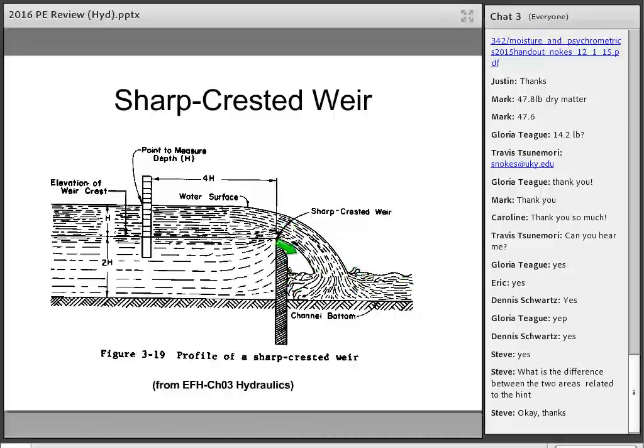This particular one is called a vented weir because you've got air underneath that water flow so that it's fully vented. There's other ones that won't be, and you'll see those here in a bit too. So this is an open channel weir, sharp-crested. It's a nice weir for measuring water flow because the equation is pretty standard and well-behaved.